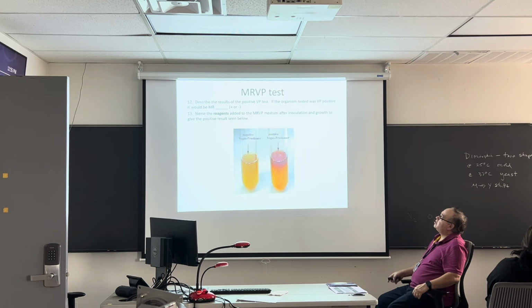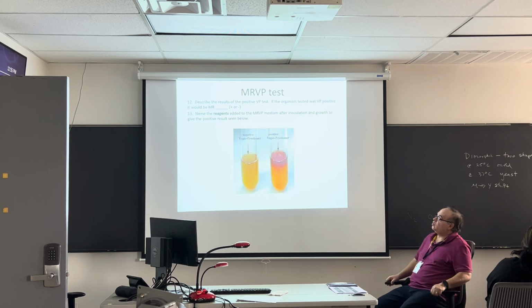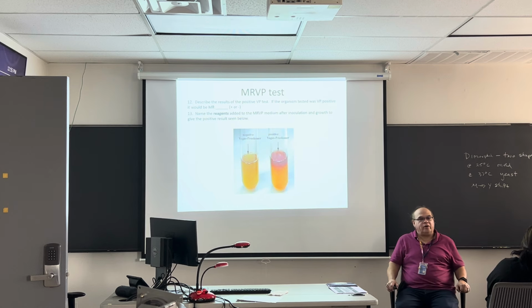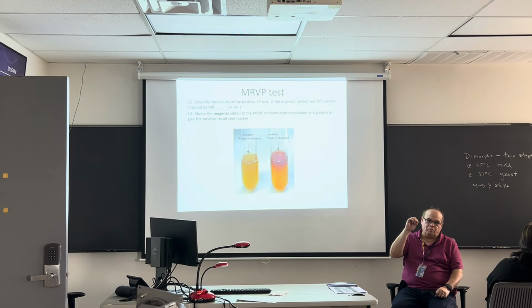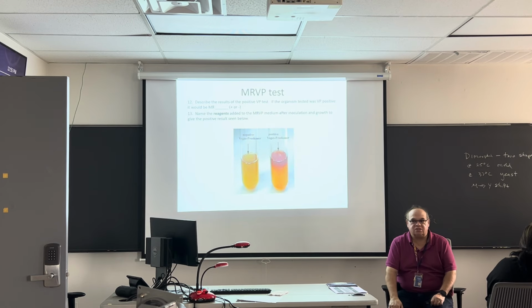So if the organism tested positive for VP, it would test MR positive or negative? Negative. So, hey folks, listen up. Write the word positive or negative. Don't put a minus or a plus sign because your minuses and pluses look alike. Okay?